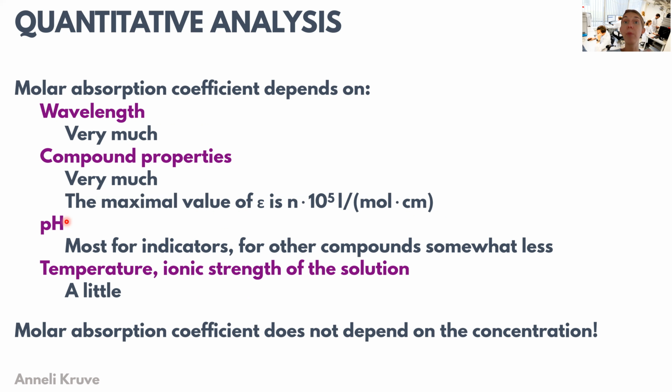This is, for example, the case for most indicators. Indicators by nature have this effect of the pH on the ultraviolet visible spectrum. Also, temperature, ionic strength and the solvent can have an effect, and the extent depends exactly on the compound, but usually it's not super big.